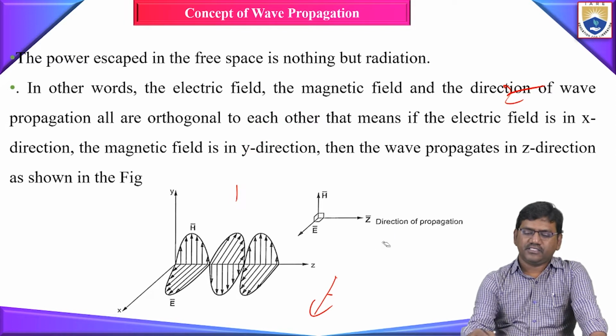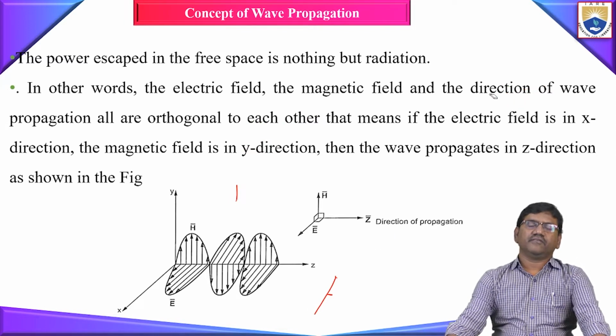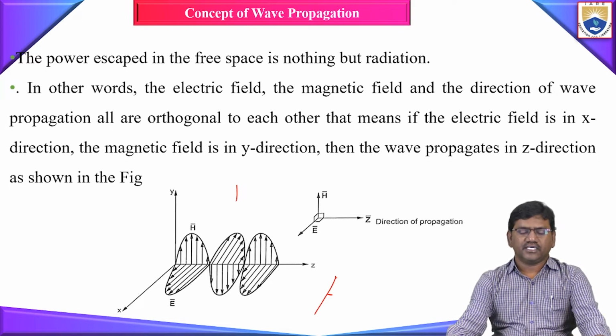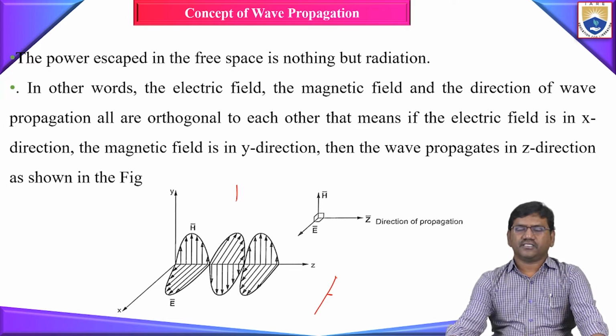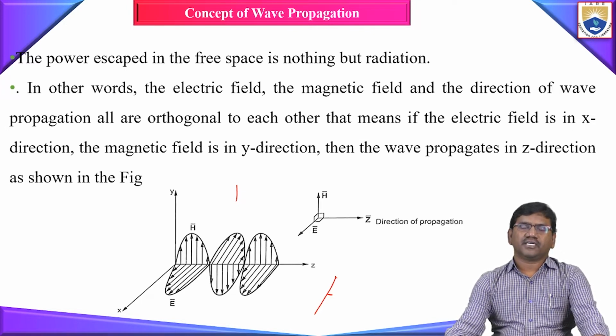Now let us see the basic concept of radio wave propagation. Whenever we supply current to a conductor, electric and magnetic fields are produced. Some amount of power lies inside the conductor, some is lost in the form of resistance, and some will escape into the free space.